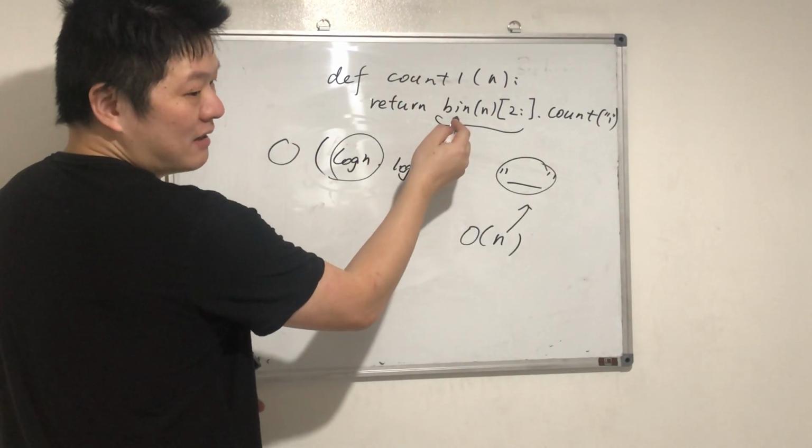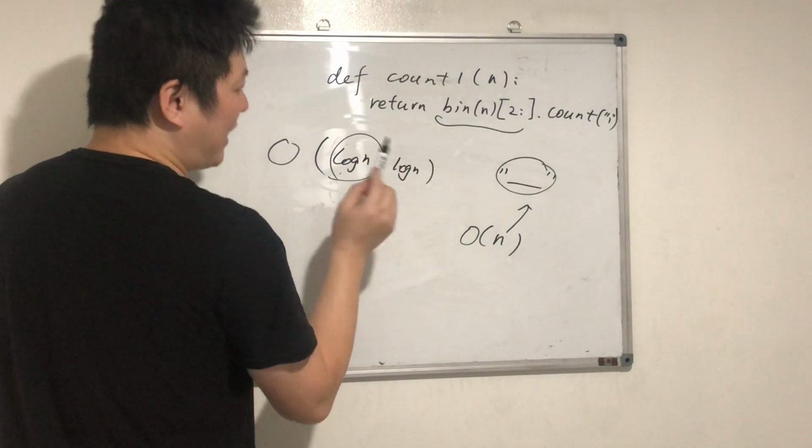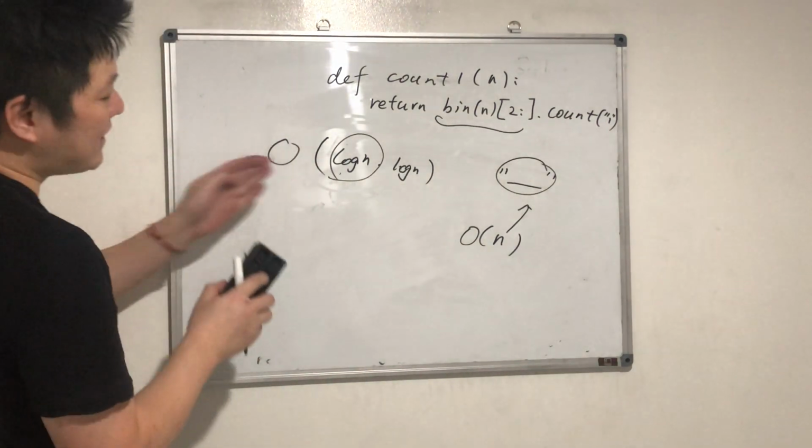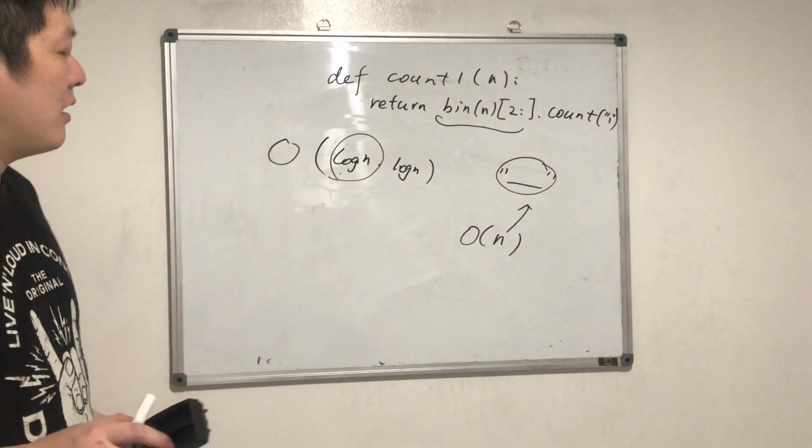So counting the 1s in the string is O(log n), which means this is not the fastest approach.